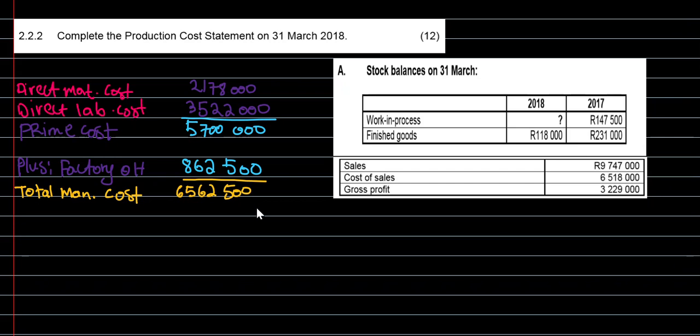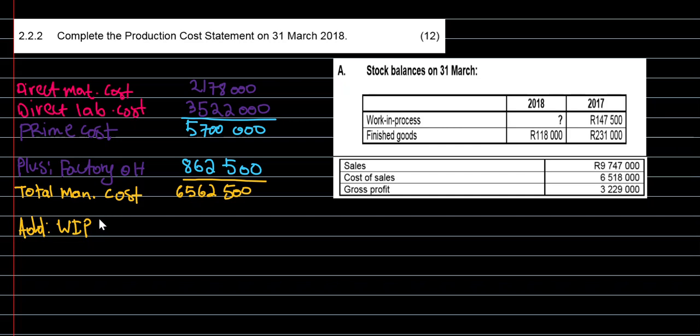65,62,500. Okay, this is the total manufacturing cost. How do you get that? By adding all these three. Then we're going to add WIP.